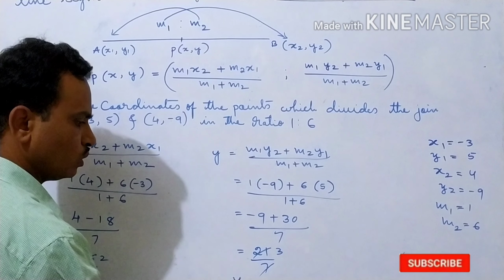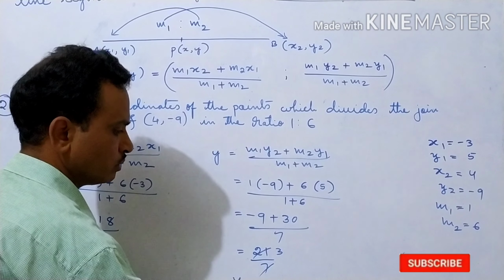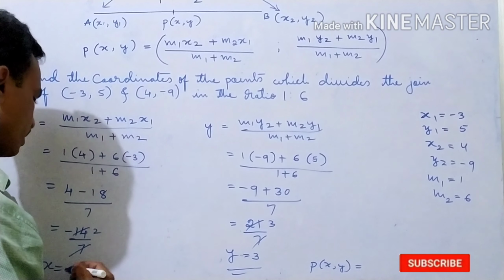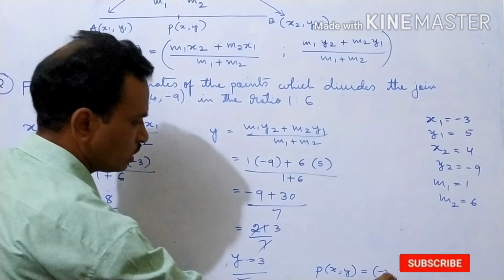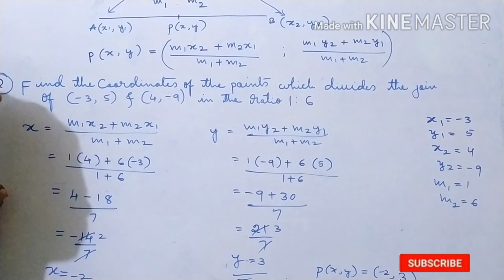So y is equal to 3. That means the coordinates of the point P(x, y) is equal to, what x value did we get here? Minus 2 and y value 3. Understood?